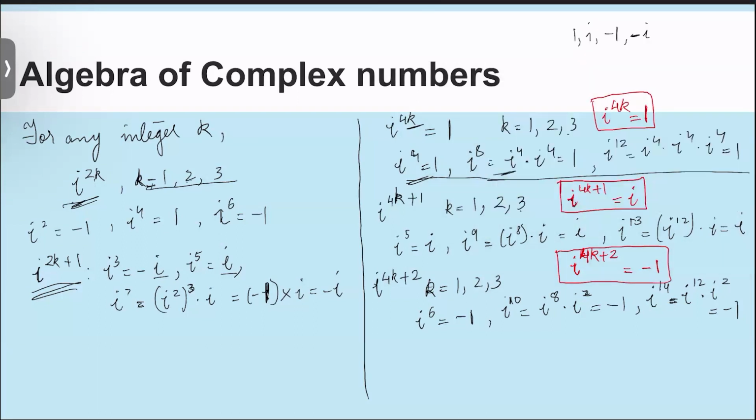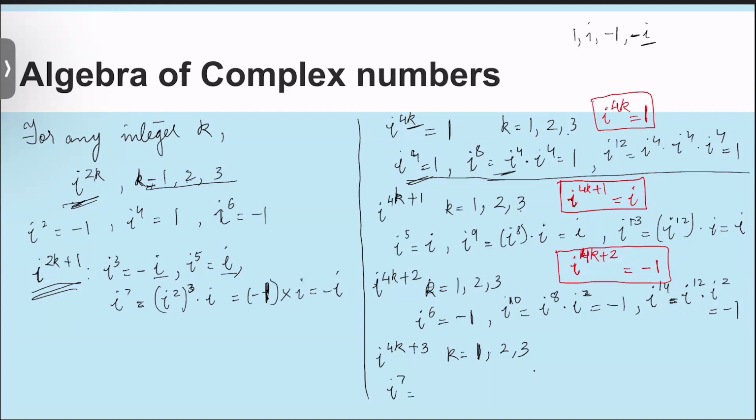Now let's see when we will get minus i. What is the general form of getting minus i when we want to find the power of i? It is 4k plus 3, where k again we'll consider going from 1, 2, and 3. The first one is 4 plus 3, 7.